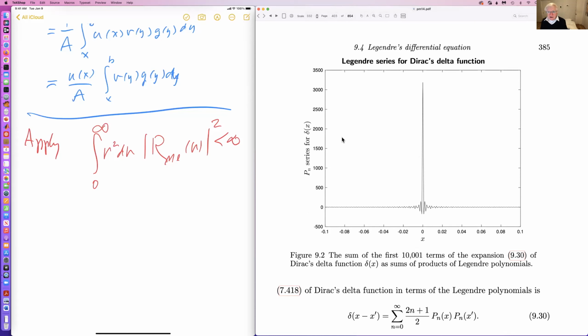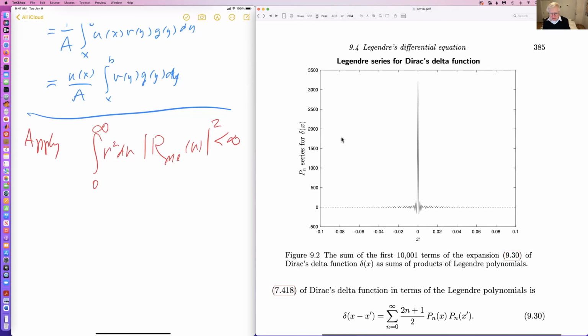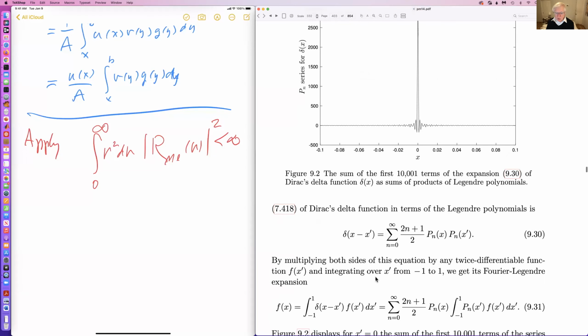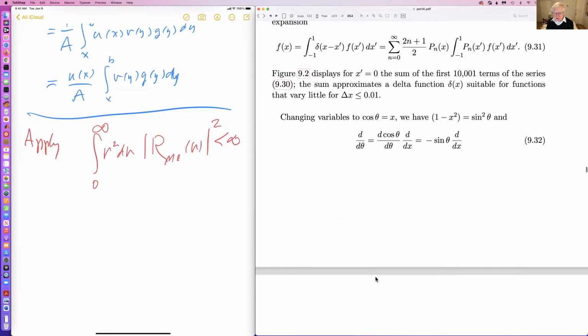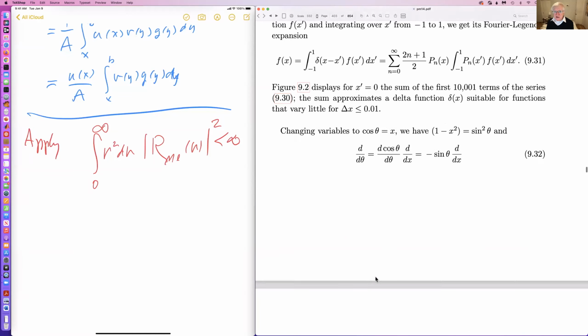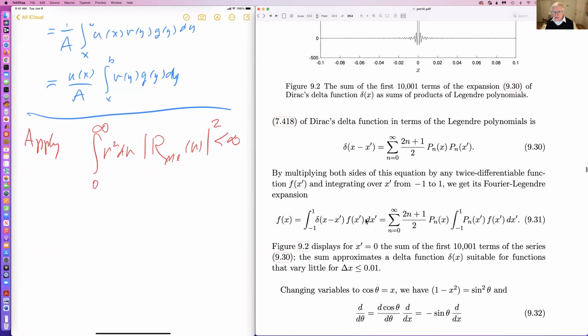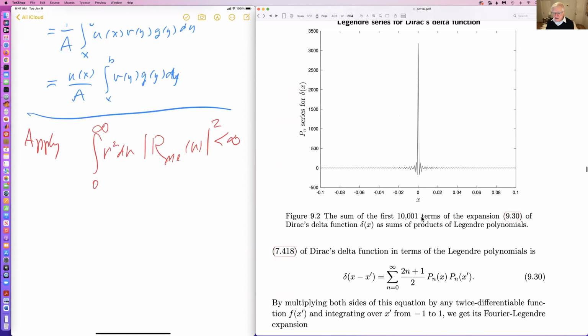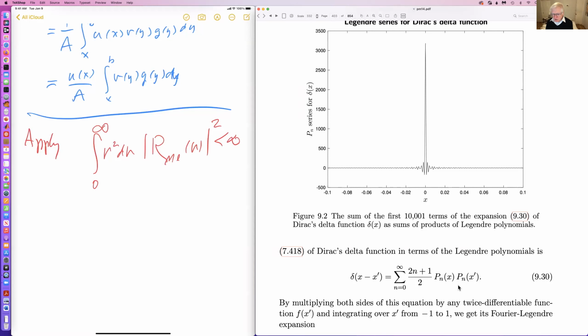And just to illustrate that, in here what we've got is the sum of the first 10,001 terms in this expansion. So in other words, this thing is supposed to give us the delta function.